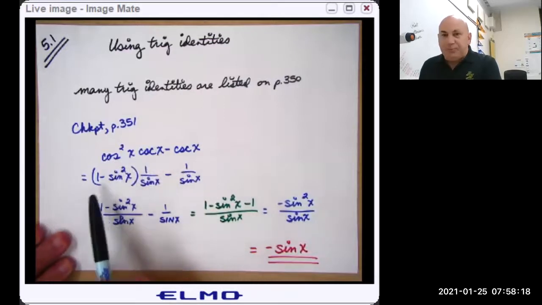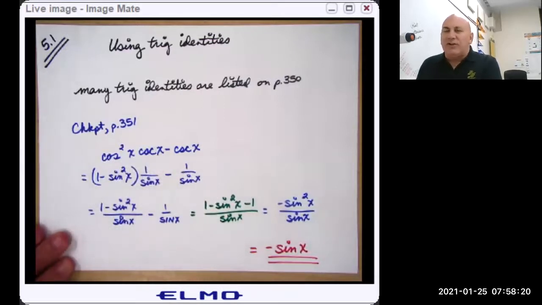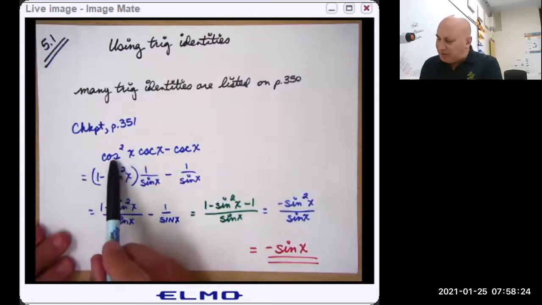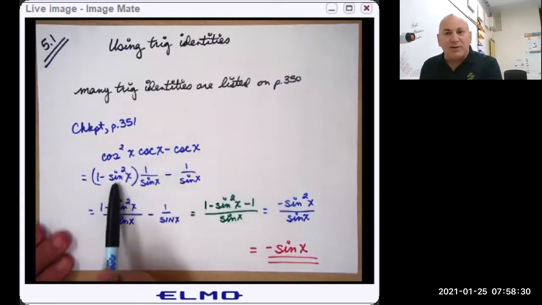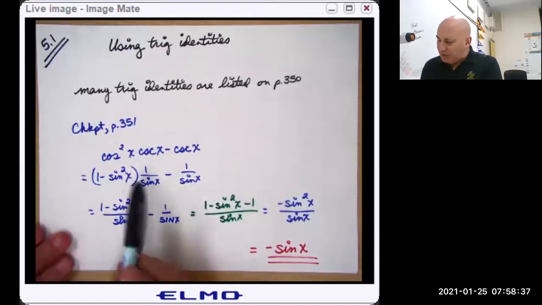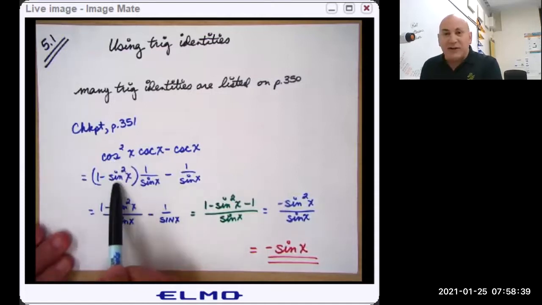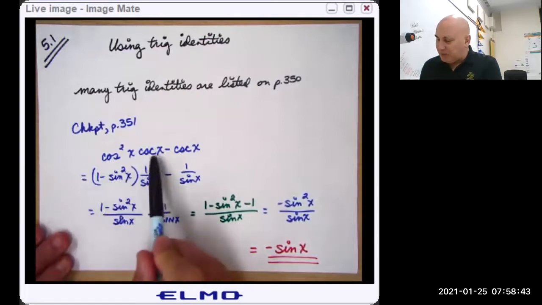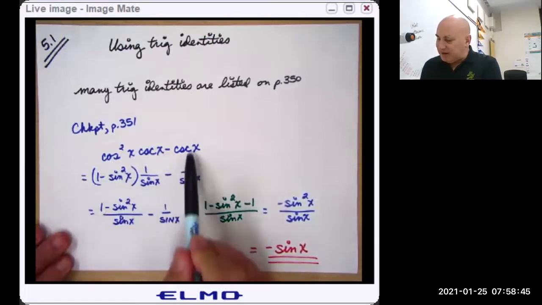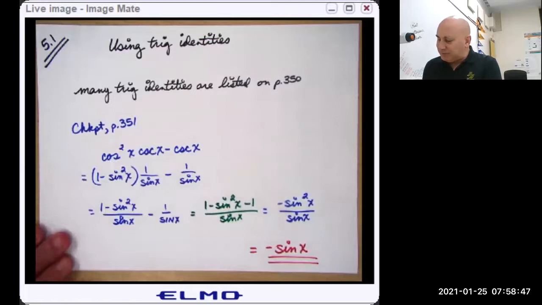We'll learn in the next section some rules and steps to follow, but I noticed that cosecant is 1 over sine, and cosine squared theta can be written in terms of sine. So I thought, let's just put everything in terms of sine. So I rewrote cosine squared theta, substituting in the Pythagorean identity, and took the reciprocal identity.